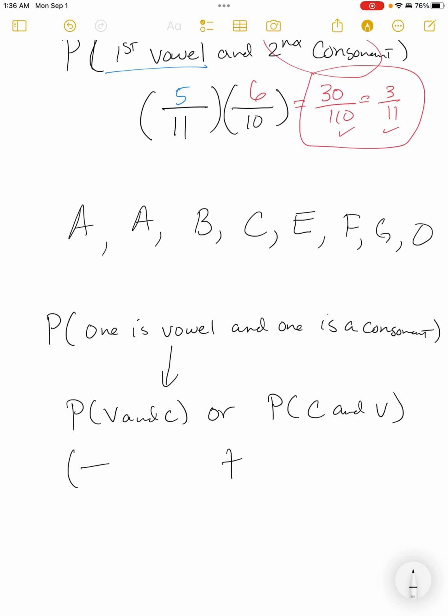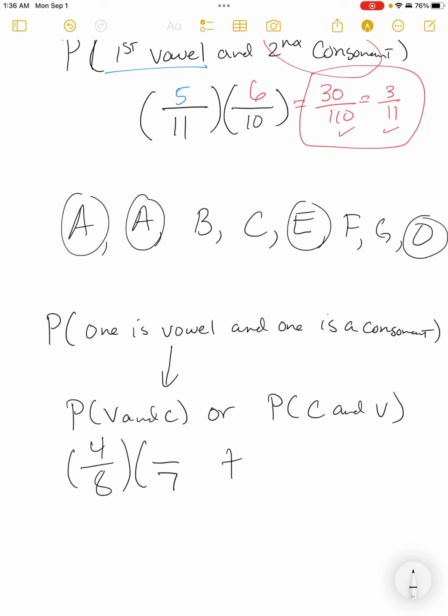So what's the probability that we have a vowel? Well, again, there's 8 different letters that I'm looking at. How many vowels are there? There's 1, 2, 3, 4. 4 of the 8 are vowels, and then I need the second one to be a consonant. Well, that's after that first pick has happened, so now there's only 7 tiles left. And out of those 7 tiles, there are 4 that are consonants.